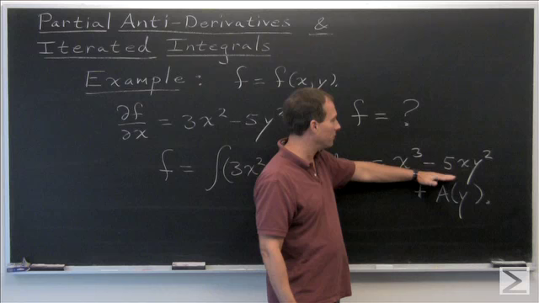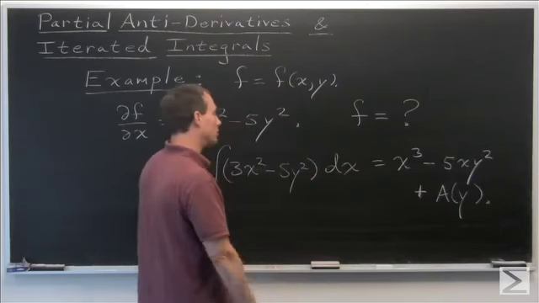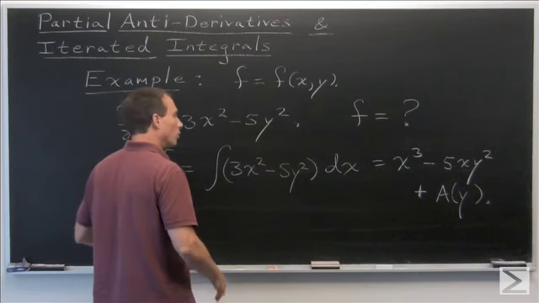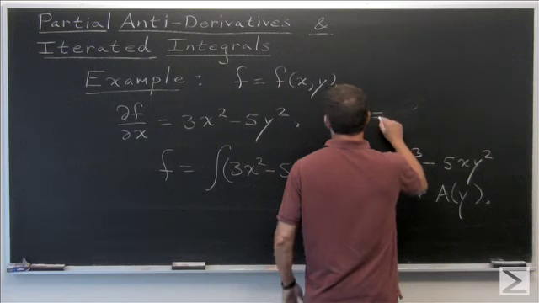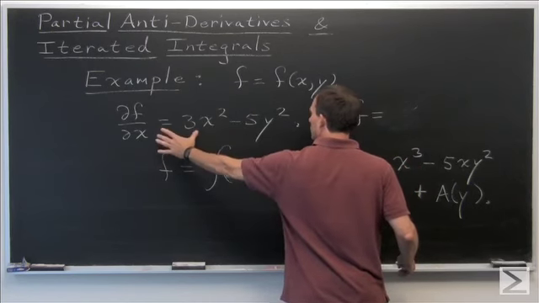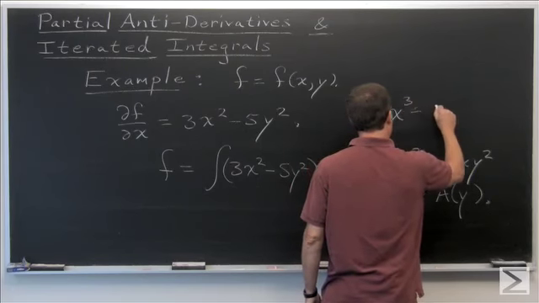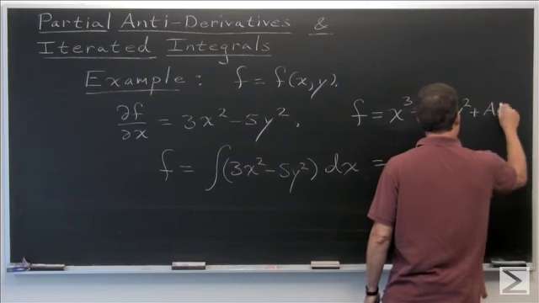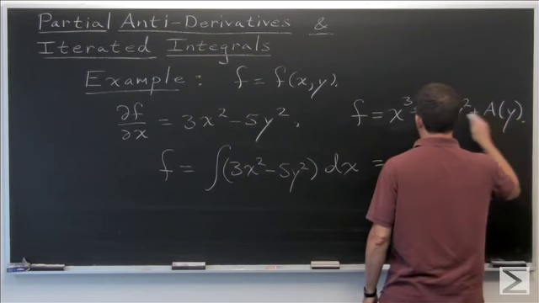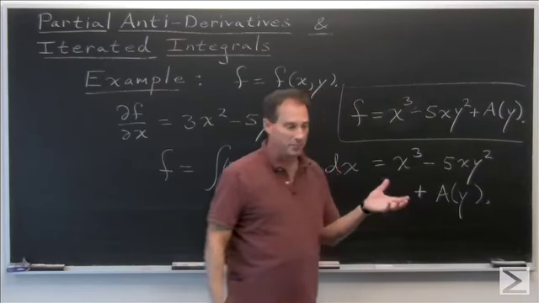Since the partial derivative of this with respect to x is this, you can put any function of y there at all, and the partial derivative with respect to x will be what you want. So this is what we write for the general answer: to what extent does this equation determine f? It determines it up to adding this arbitrary function that's allowed to depend on y, but not on x. So this is what we get.